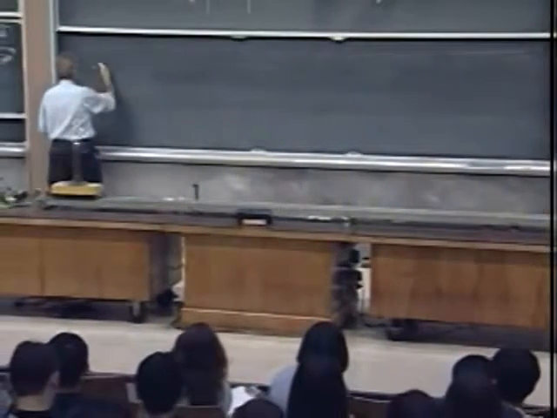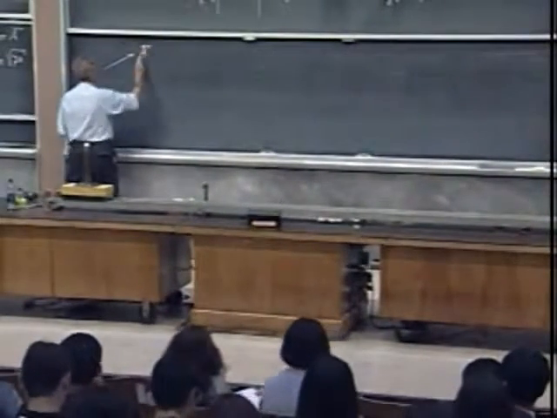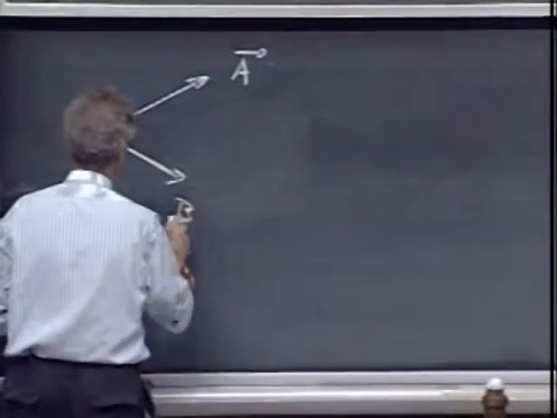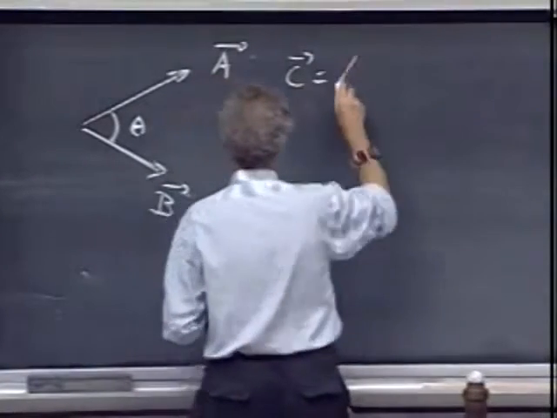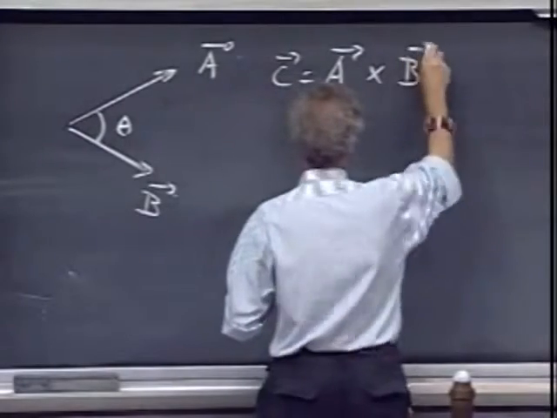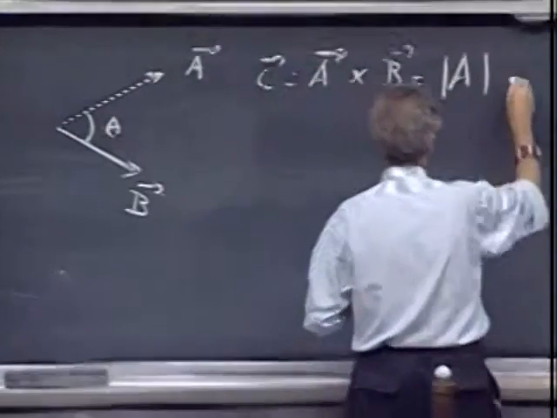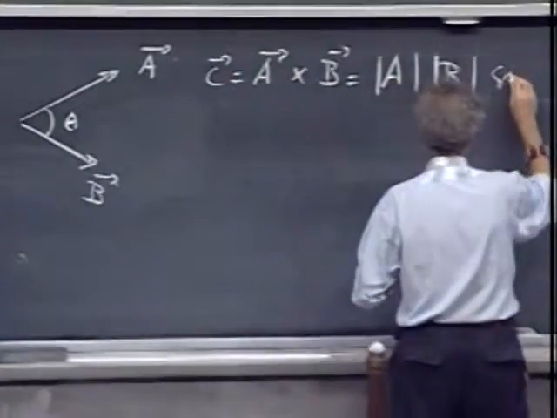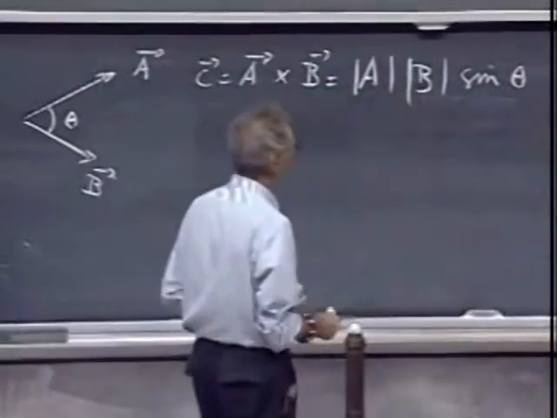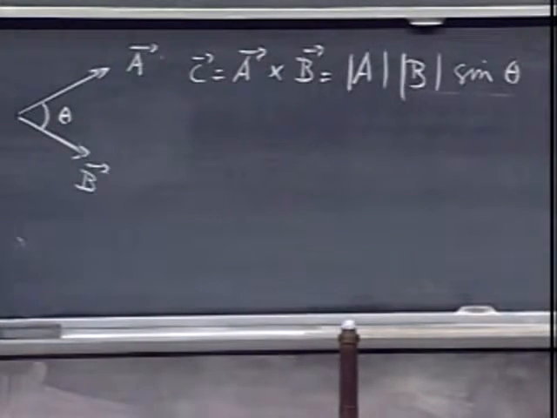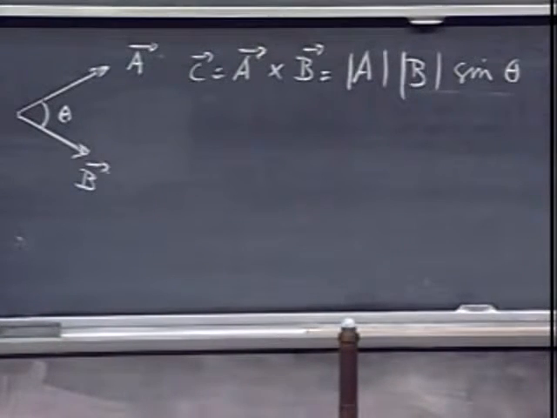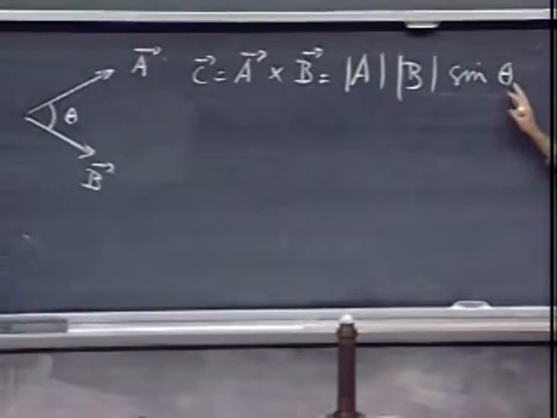If you know vector A, and you know vector B, and you know that the angle is theta, then the cross product C equals A cross B is the magnitude of A times the magnitude of B times the sine of theta, not the cosine of theta as we had before with the dot product. It is the sine of theta. So you can already immediately see that this will be 0 if theta is either 0 degrees or 180 degrees, whereas the dot product was 0 when the angle between them was 90 degrees.